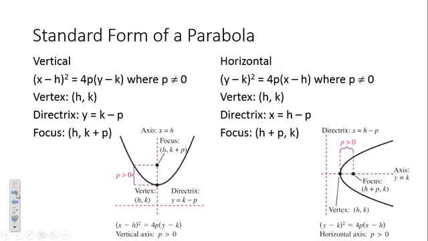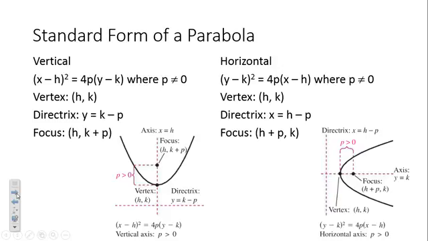The h is always with the x, the k is always with the y, and we have a directrix and a focus. This is the thing from yesterday, just reminding us of what we've seen. Opening up, or left and right, opening down if p is negative, to the left if p is negative. Okay, so nothing earth-shattering. We've seen this yesterday.